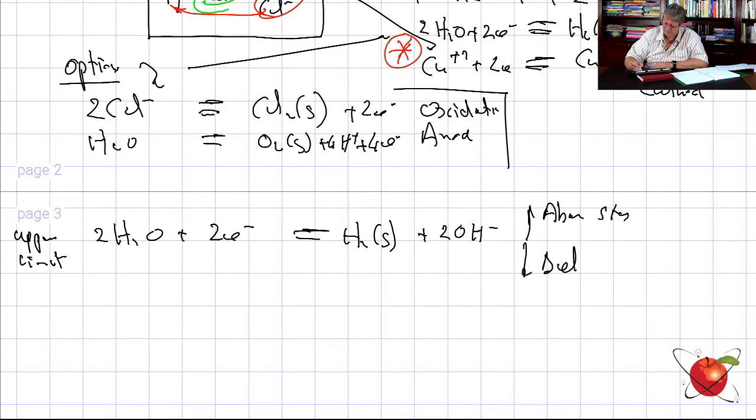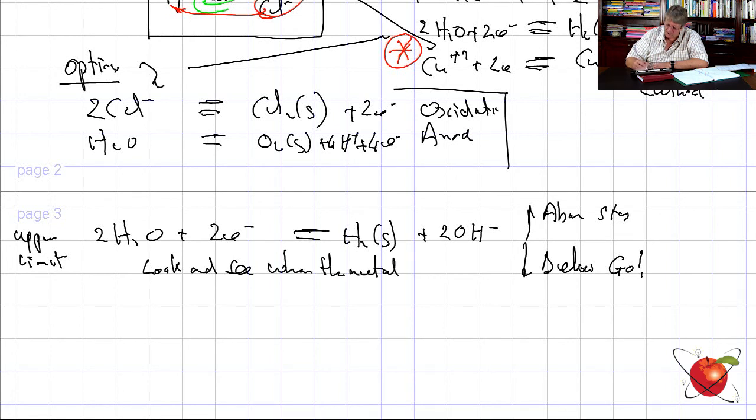Below, go. Easy to remember. And I look and see where the metal is that they're talking about. Look and see where the metal is we are looking at.